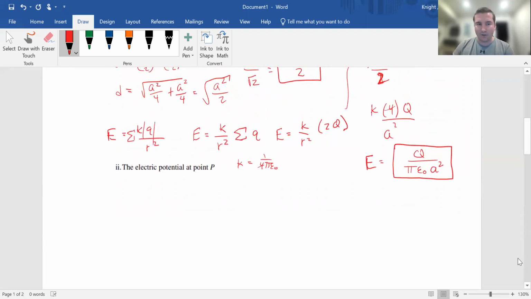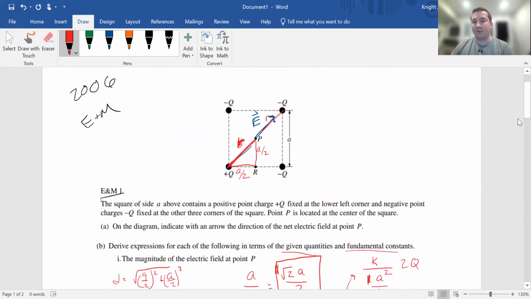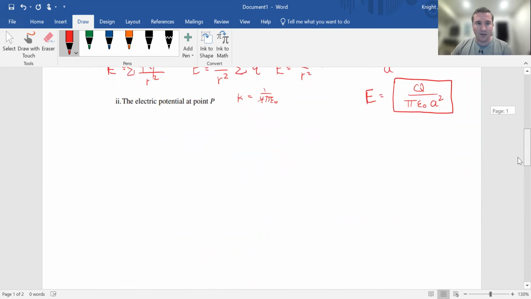Potential is a little bit nicer because it's a scalar. So we just have to add up all the potentials from all of those values. So potential is K, the sum of the K Q's over R, right? Potential just changes that R squared to an R. K is constant, R is constant, just the sum of the Q's then.